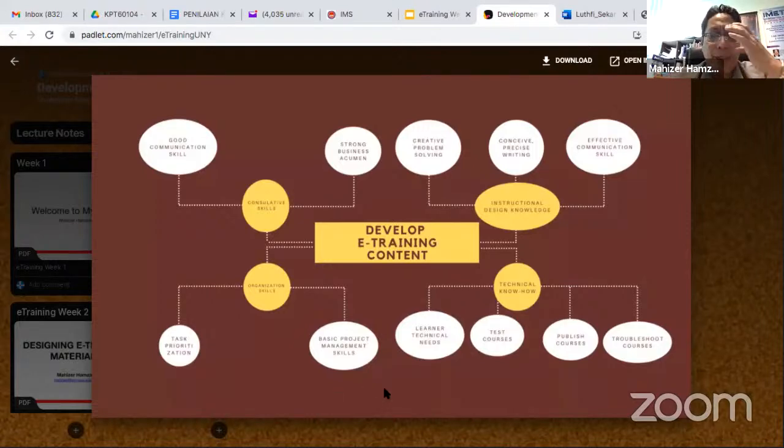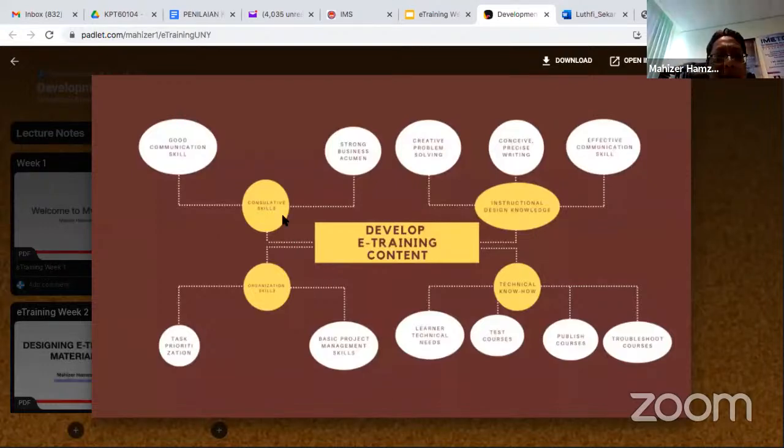Okay, develop e-training, based on this, consultative skills, instructional design knowledge, technical know-how. These are maybe the sub-units, or the things they should know before they can develop the e-training content.